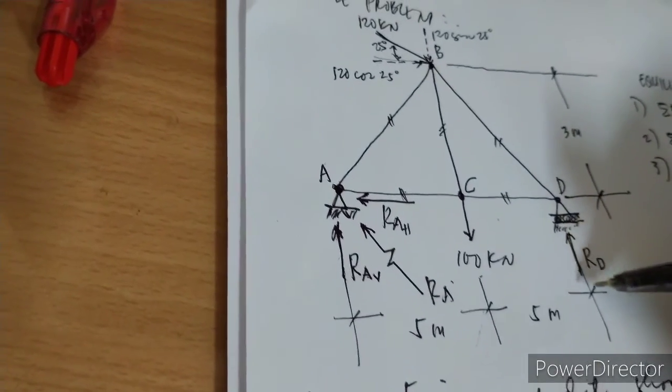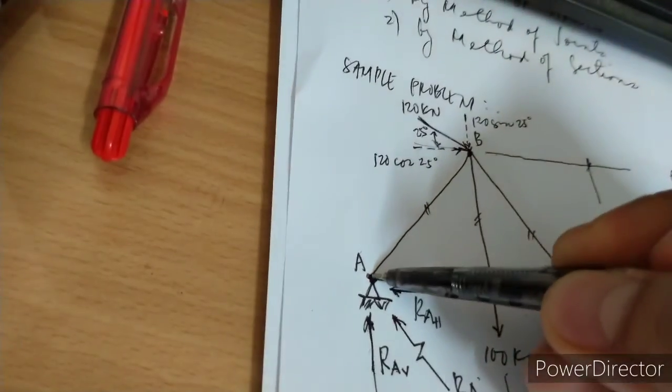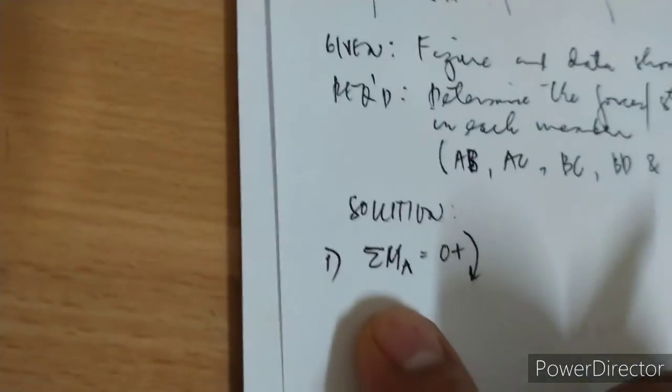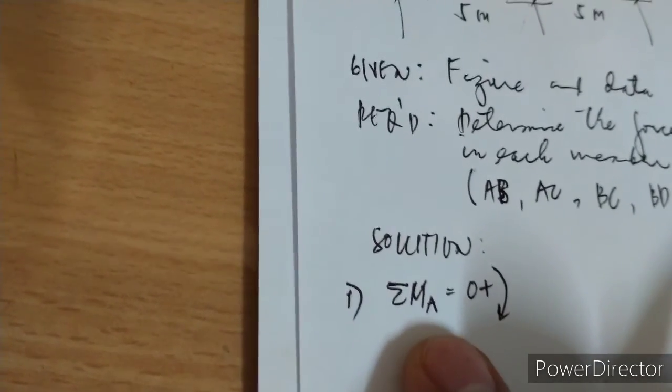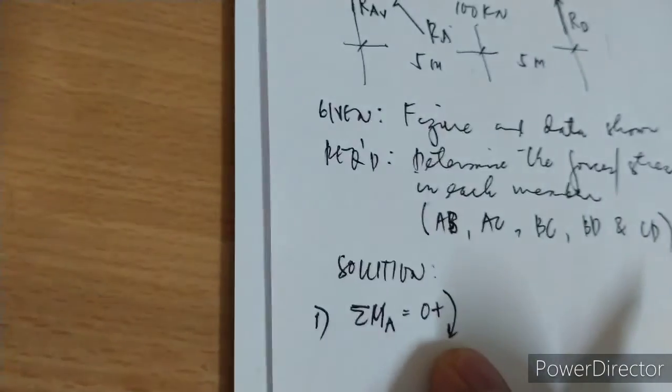This is just a single force that is acting counterclockwise, as you notice from here to that. So what is the effect? It will be counterclockwise. So as you have seen in here, summation moments at A is equal to 0, positive all clockwise moments.